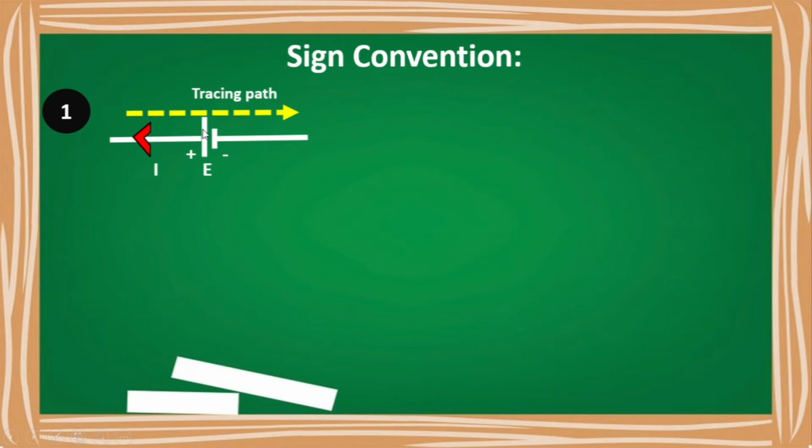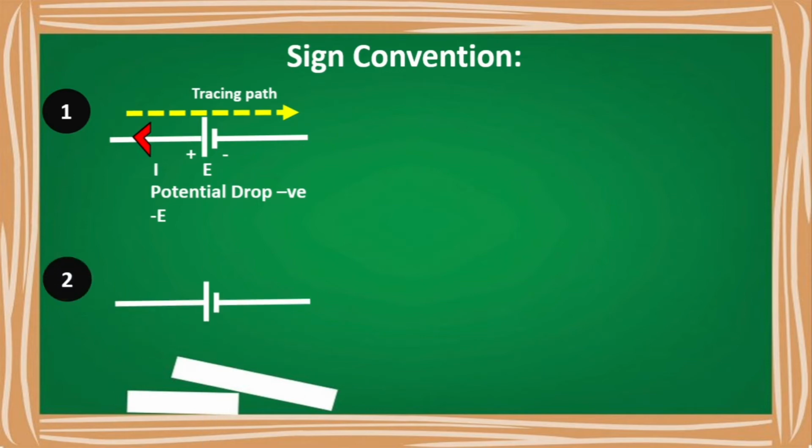That means the higher potential to the lower potential, so there is a drop in potential. Potential drops are always taken negative, so I'll write minus E in the expression. This is the first sign convention.